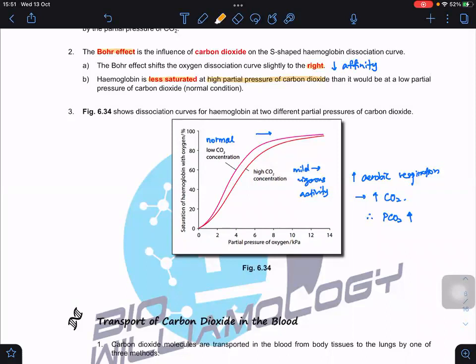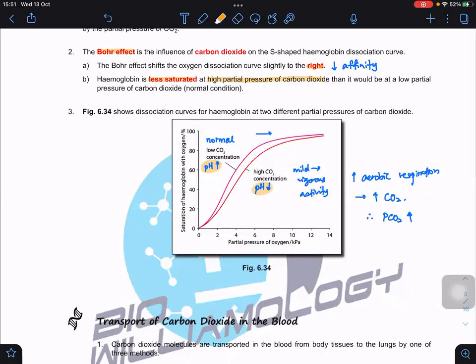Now I also want you guys to put this into the diagram. We haven't learned about this yet, for tomorrow or the next lessons. So look at this. Low CO2 concentration, sometimes we say pH is high. High CO2 concentration, pH is low. We're going to learn about this tomorrow. Sometimes questions label it differently. They label pH normal or high pH, low pH.